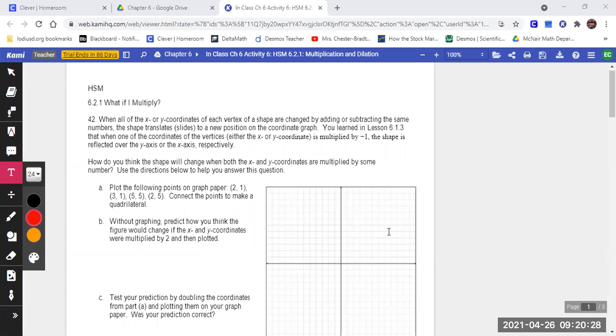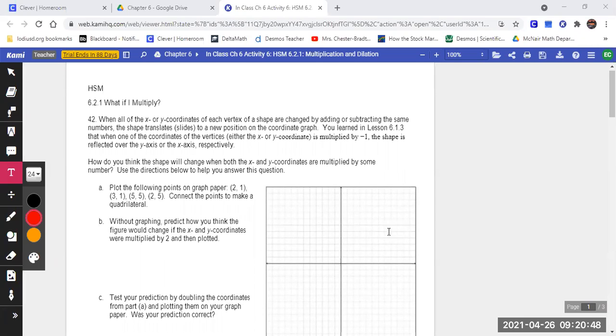One did a left and right move, up and down move, sliding. One of them did a spinning move, and one of them did a flipping move. But it didn't change the shape. The shape stayed exactly the same. It just turned its orientation, flipped its orientation, or slid to another piece of the graph, right?